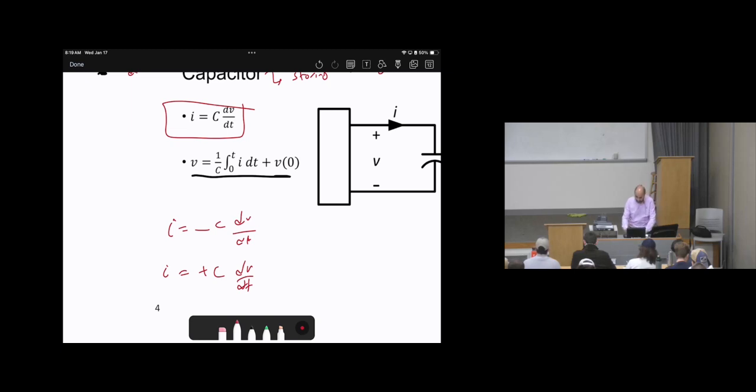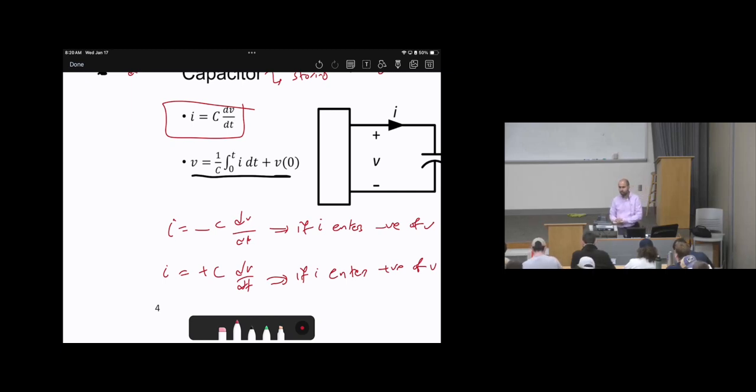So if current I enters the negative of V, or here if I enters the positive of V. If the current enters the positive polarity, then that's positive. If the current enters the negative polarity, that's negative. The same thing for the inductor formula, the same thing for the capacitor formula, and the resistor formula. Okay? Is this clear? Any question?